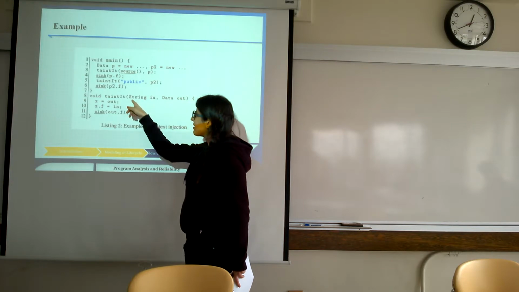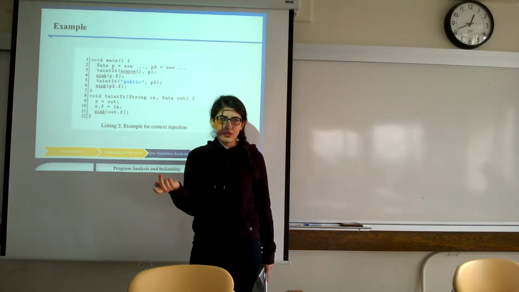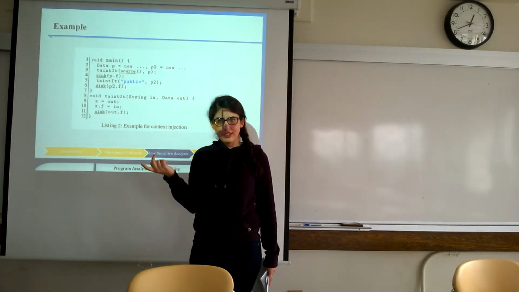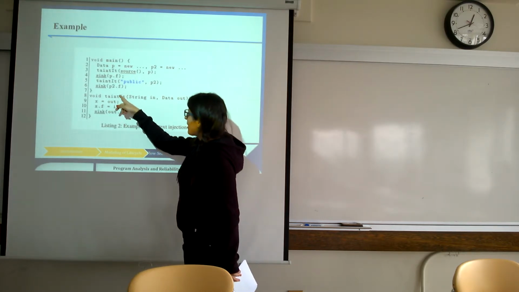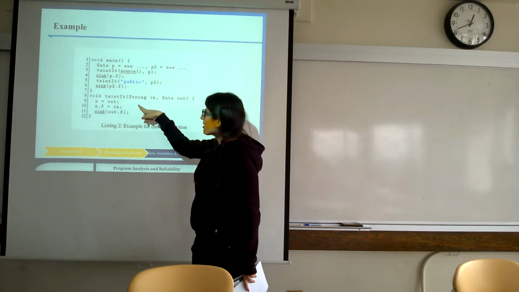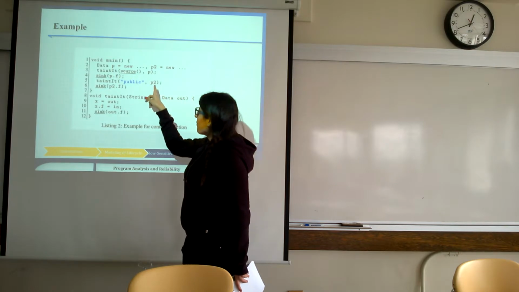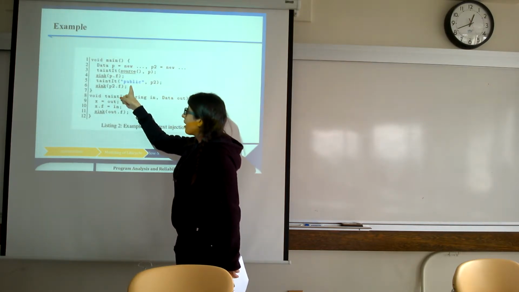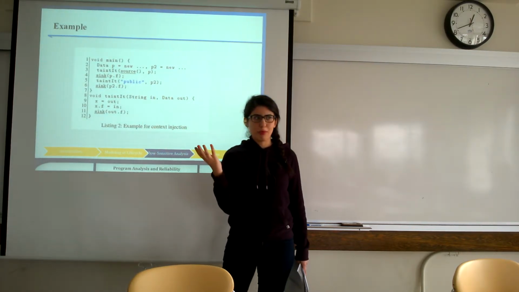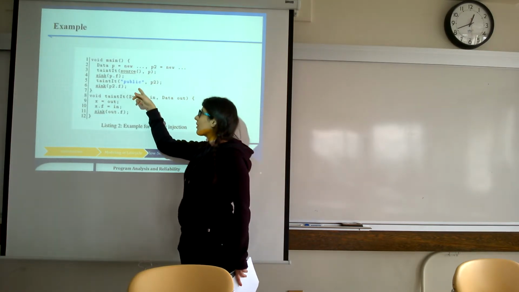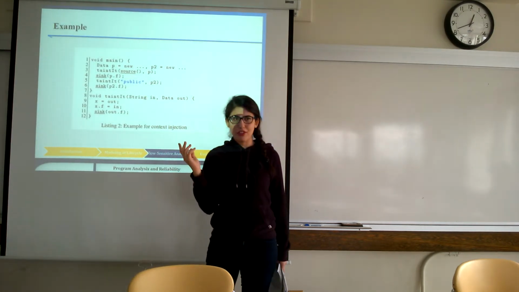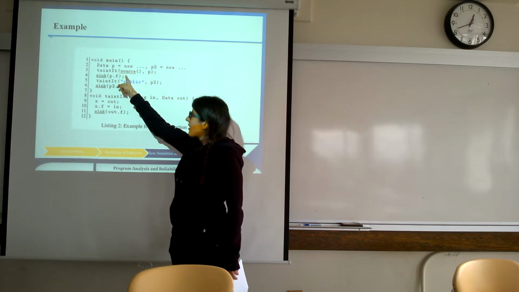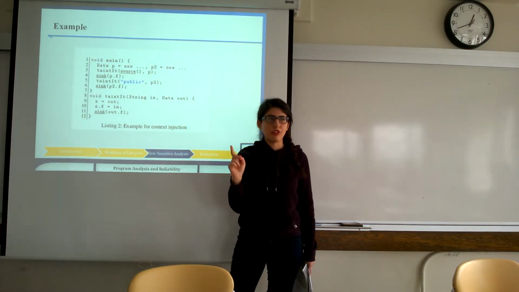So it's collecting this information, but what we want to know is whether this information is important or not. As we see here, there are two function calls to this method. One of them takes information from the source, but the other one only has a string, public. So if we get this information out, it's not really important. But the thing that comes from a source is important for us to detect.